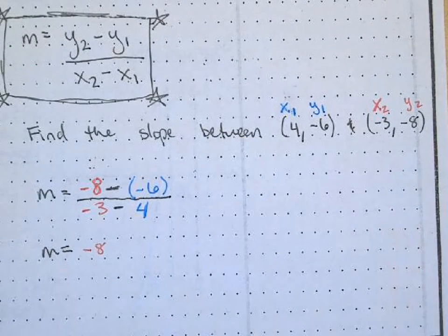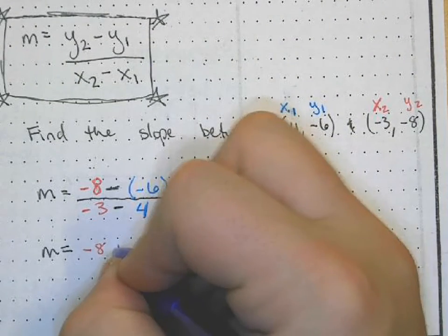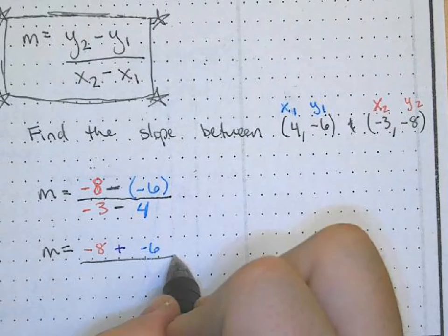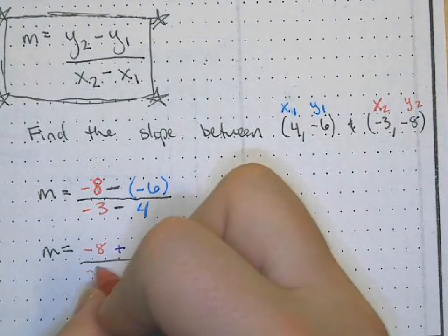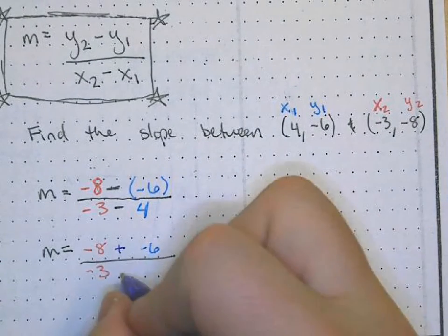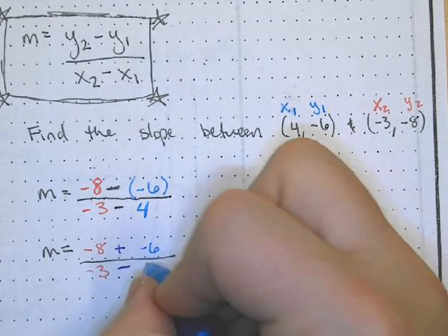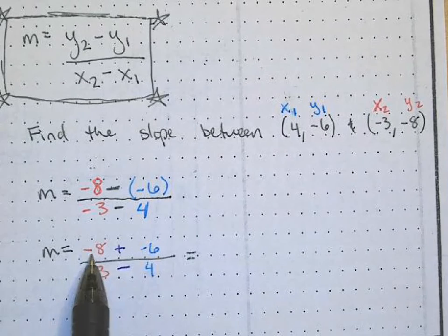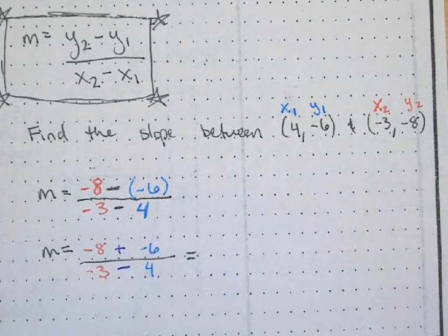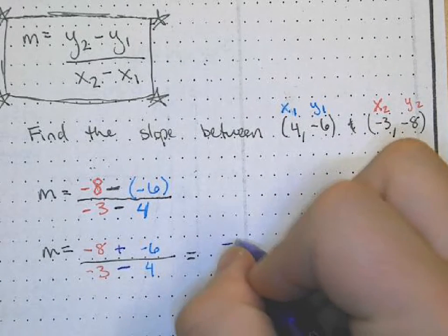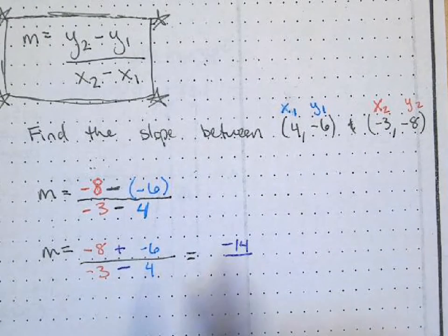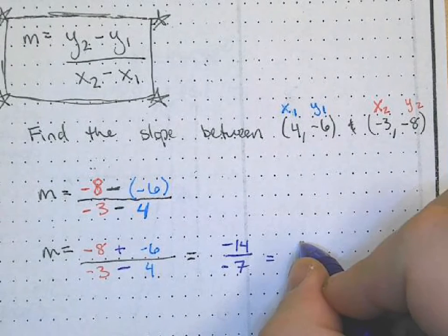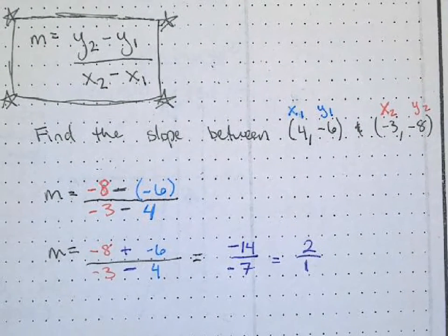So I have negative 8 plus negative 6, all of that over negative 3 minus 4. And then what we get is negative 8 plus negative 6 will be a negative 14 over negative 3 minus 4 is negative 7, which would equal negative divided by negative is positive 2 over 1.